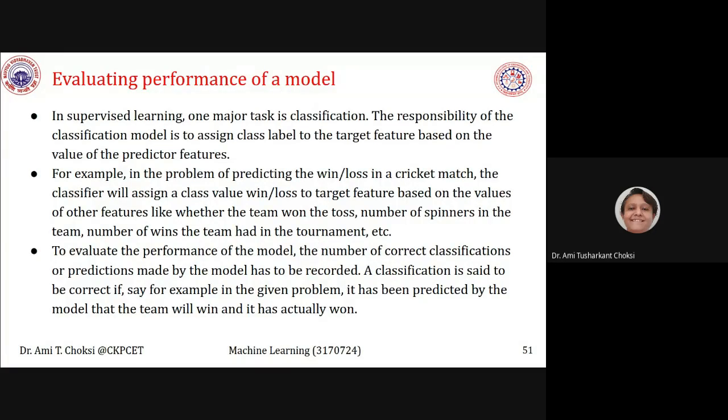To evaluate the performance of the model, the number of correct classifications or predictions made by the model has to be recorded. A classification is said to be correct if, say for example, in the given problem, it has been predicted by the model that the team will win and it has actually won.